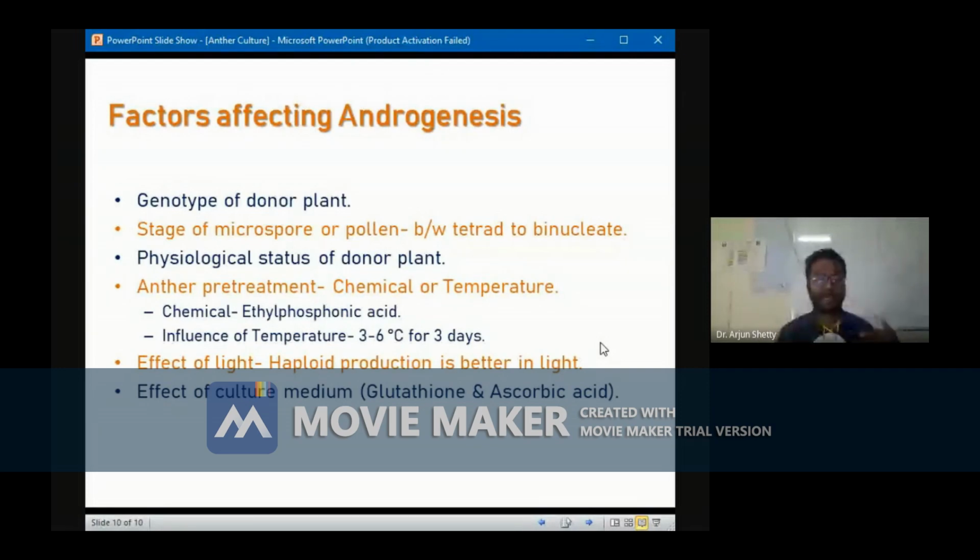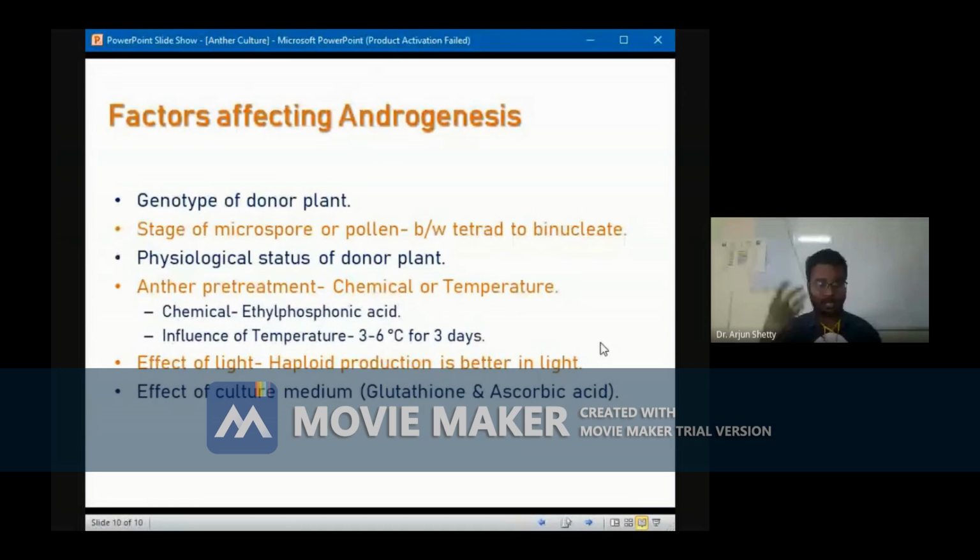The next is anther pre-treatment. Sometimes, to make the results better, we can pre-treat the anthers before inoculation with chemicals, or we can apply different temperatures, to get better results from the anther cultures.